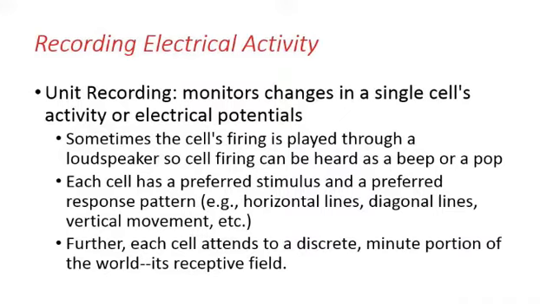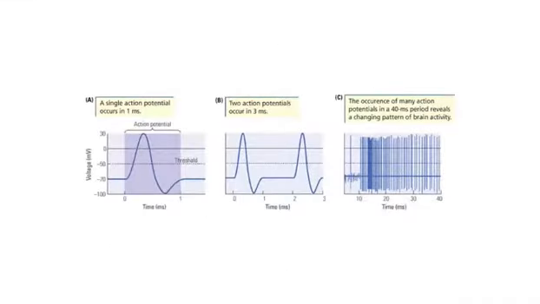So each cell responds to or attends to a discrete, minute portion of the world, or its receptive field. Any activity that the cell is designed to detect within its receptive field will cause that cell to fire, and you can record those firings through that unit recording.